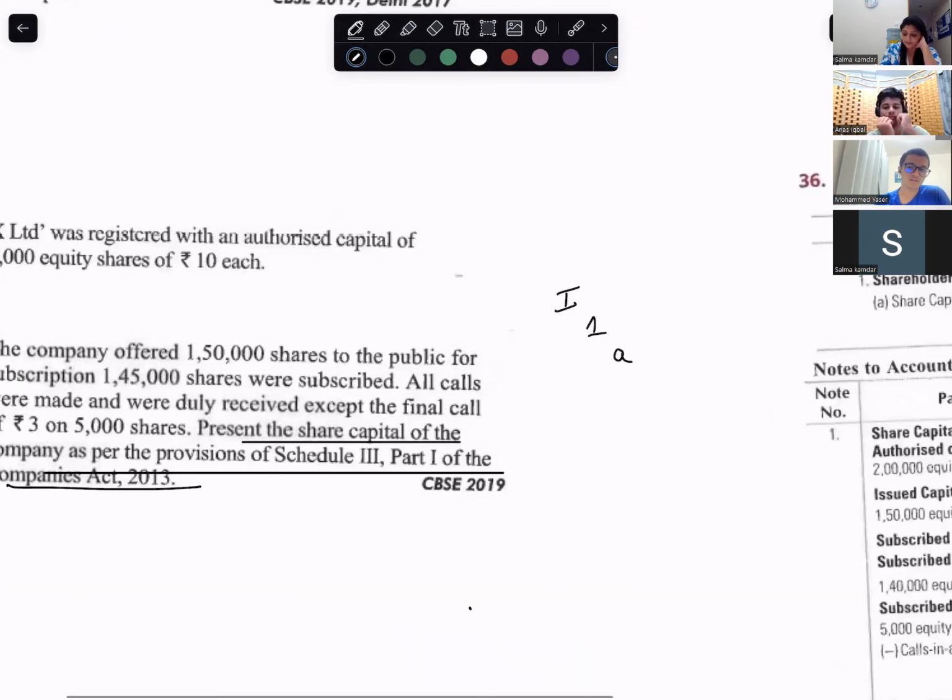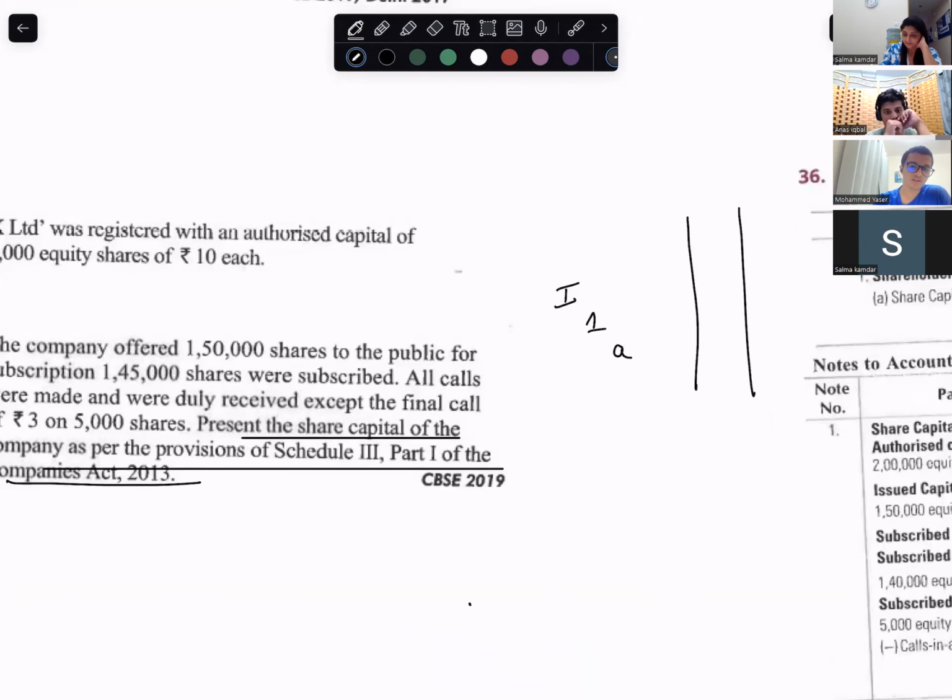How many columns? Three: particulars, note to account, and amount for the previous year or current year.